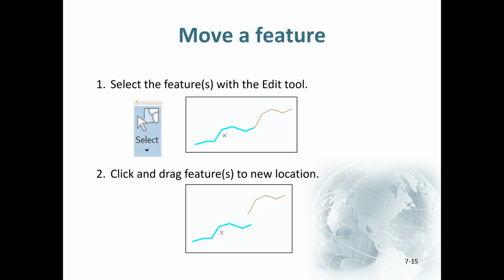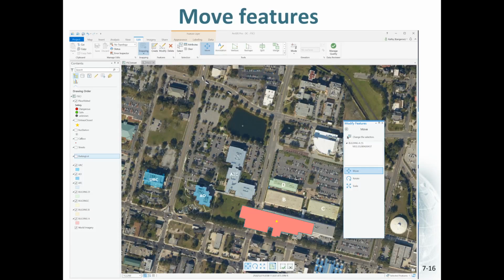To move it, firstly, we just have to click select, and you select the feature you want to move and you drag it there. To move a polygon, for example, building A, by default, when you click the toolbar here, a construction toolbar will appear in the active map.